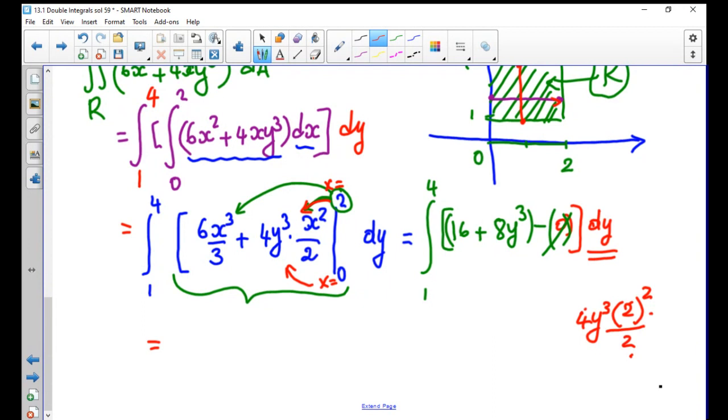After that, we now integrate with respect to y. So 16, what do you get when you integrate 16? 16y, good.